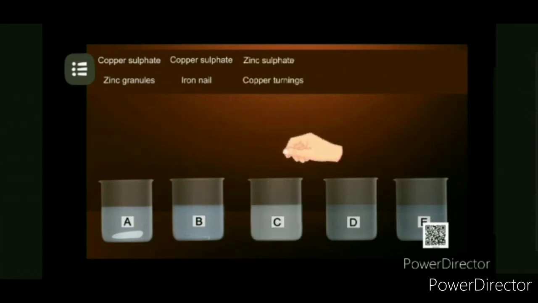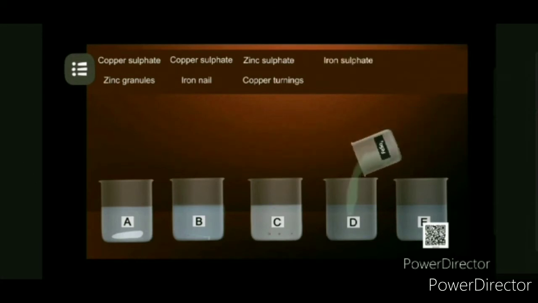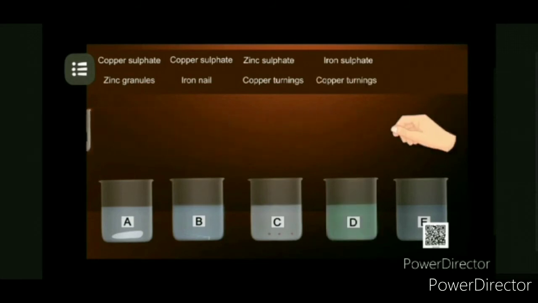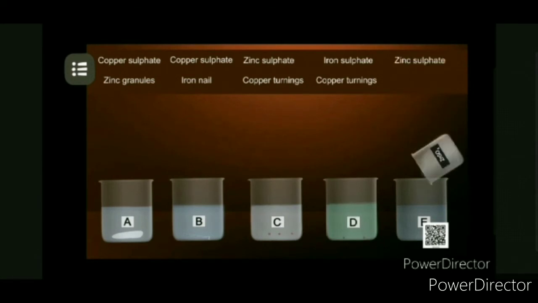In beaker D, we put iron sulphate and copper turnings. And in beaker E, we put zinc sulphate and iron nail.